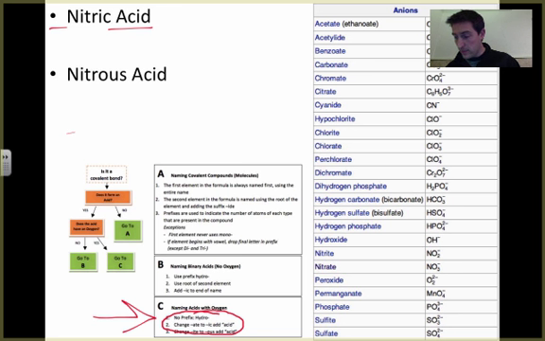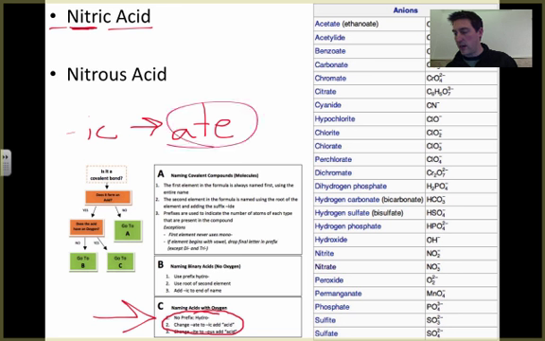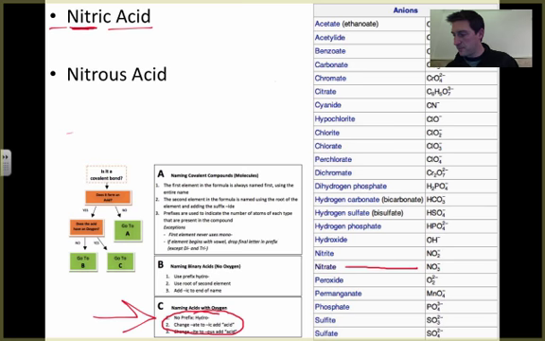So right now it is ic, and we know that ic used to be ate. Well, what does that mean? We've got nitr, and ate. We've got nitrate. So all we have to do is find nitrate, which I can see right here. Nitrate is NO3 minus.